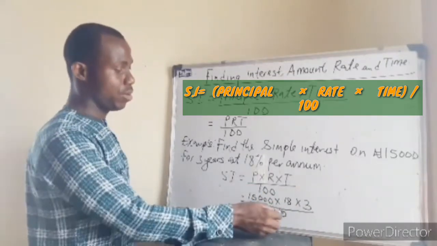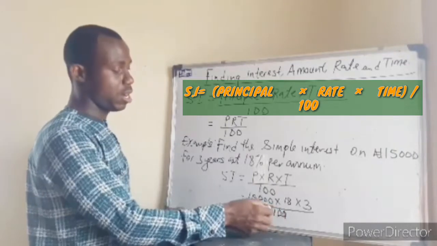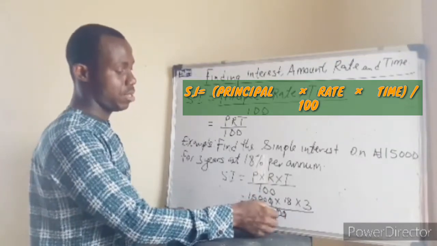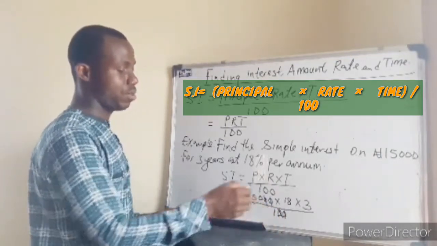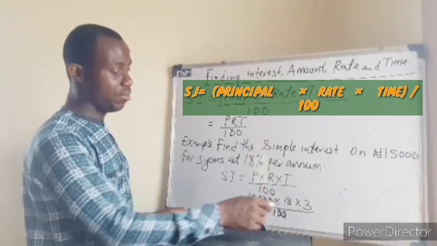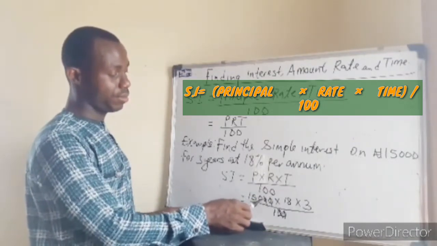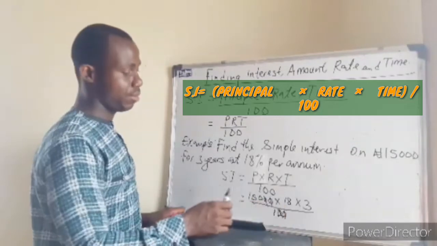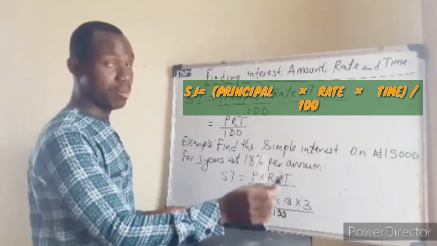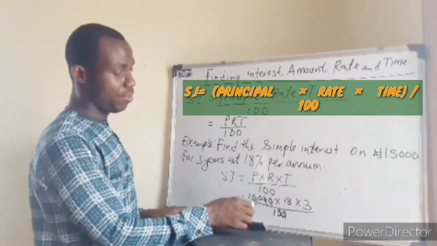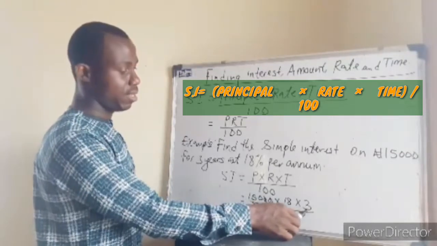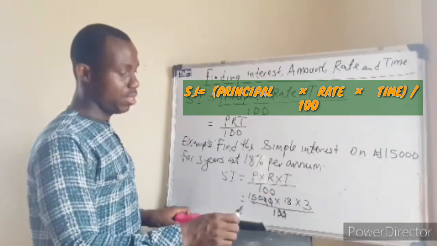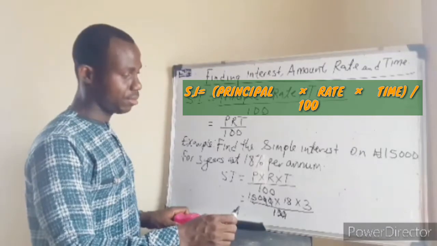Okay, so here 0 cancels 0, 0 cancels 0. You multiply whatever is left. We are left with 15, 18, and 3. To make it simple, I will just multiply 3 times 15. 3 times 15 is 45.